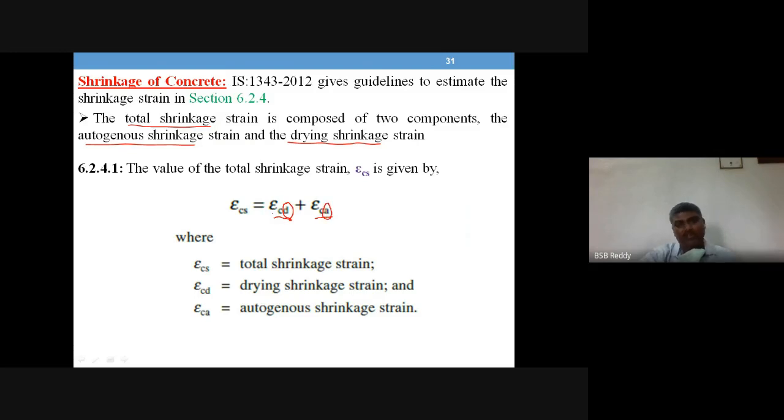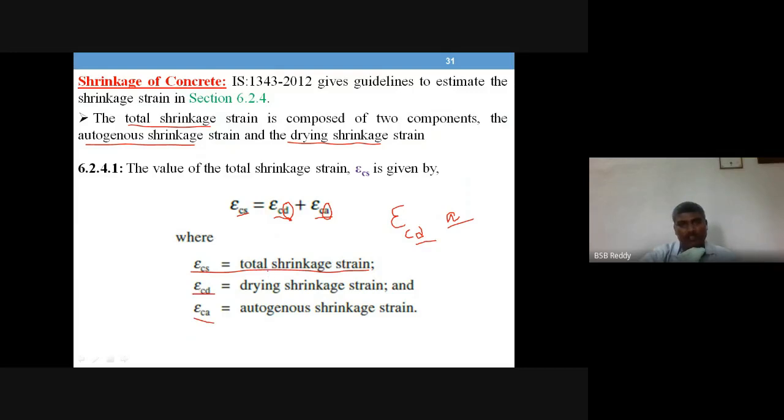Epsilon is strain, C refers to concrete, D refers to drying, whereas A refers to autogenous. So epsilon c is the strain in concrete due to shrinkage: drying shrinkage, autogenous shrinkage. So total shrinkage is epsilon cs, where cs means concrete shrinkage strain, equal to epsilon cd plus epsilon ca.